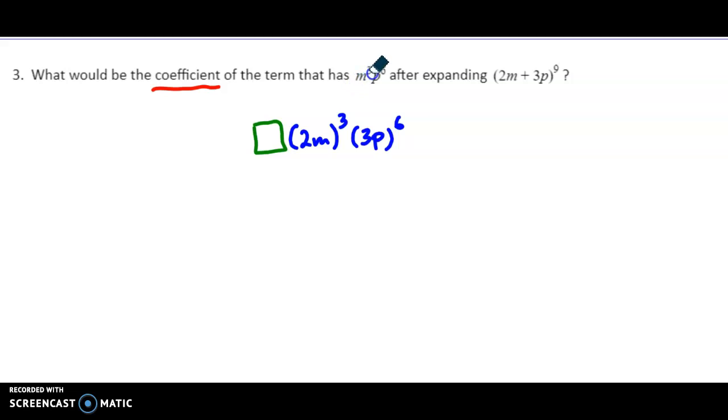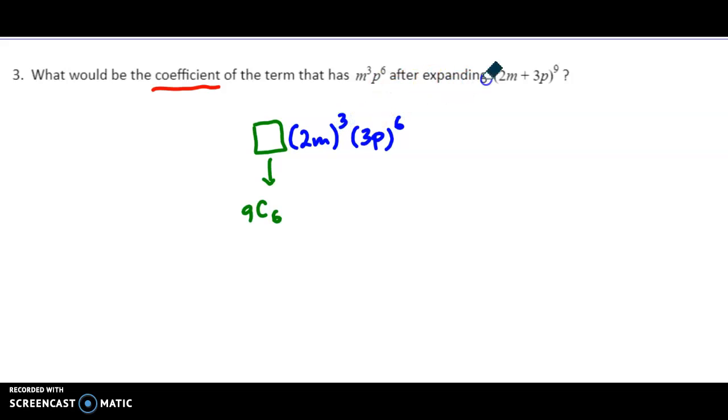And so, if it's to the third power, this one must come from 9 choose 6, right? Because if it's to the third power, and the degree is 9, the highest exponent is 9, then that means 9 minus what is 3.